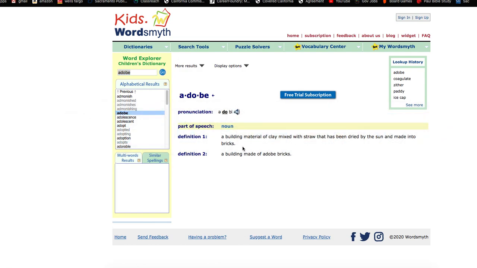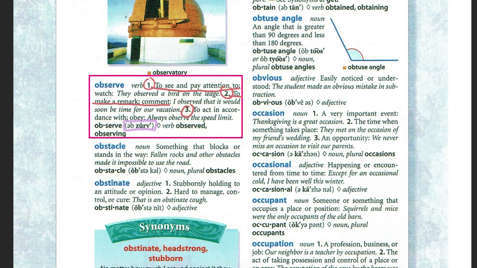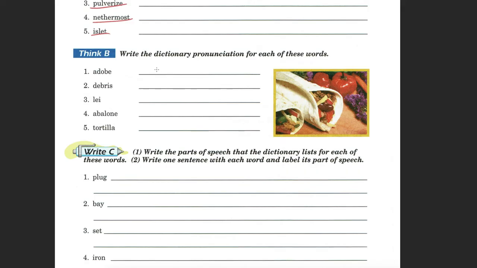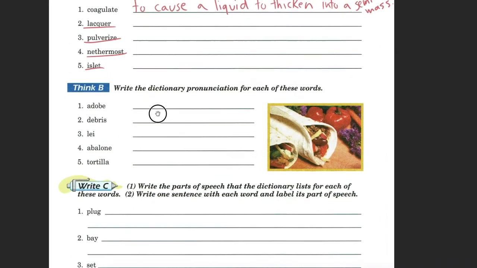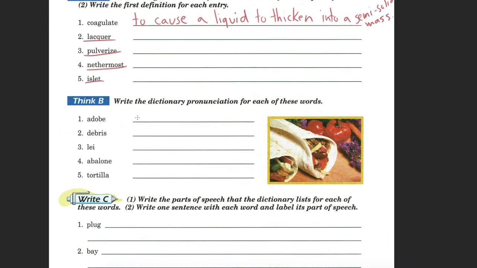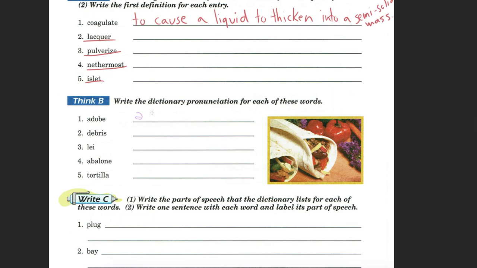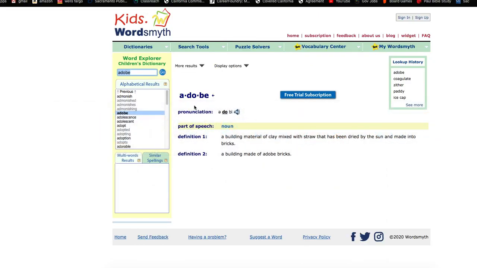So, upside down E. The upside down E represents a short A sound or a short U sound. Then D, O, and then B, I. Is that correct?